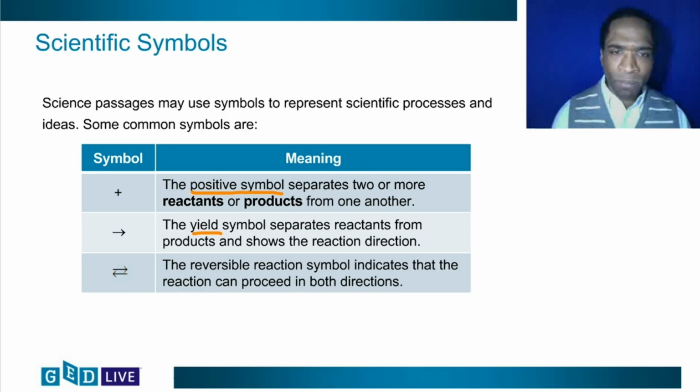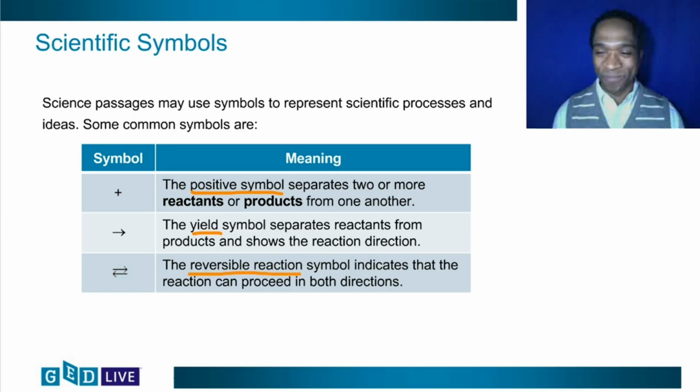The positive symbol separates reactants from each other or products from each other, while the yield symbol separates reactants from products. It also will tell us the direction of the reaction based on where it's pointed. Now this third symbol is the reversible reaction symbol. In this case, the reaction goes both ways.